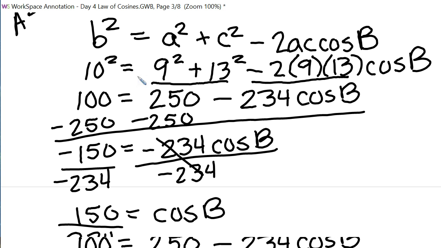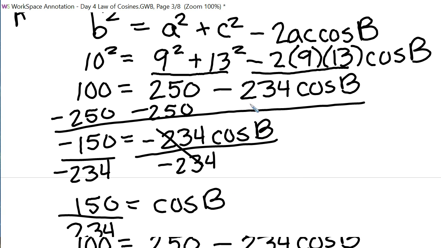So we already did the one with B squared. Which one do we want to do now? C squared, so that would be C squared equals, what are the other two sides? A squared plus B squared minus 2AB cosine of angle C. Then fill in what we know.